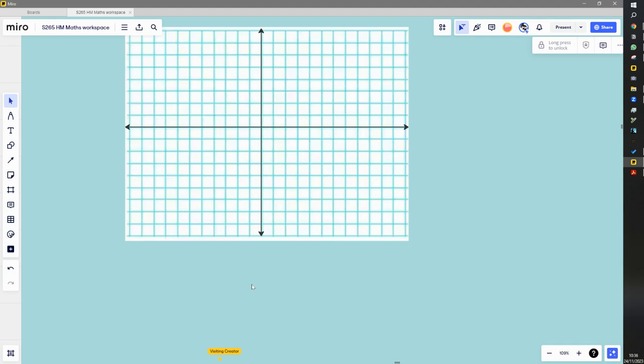Now the x-axis is in the middle of the paper, and the y-axis is also in the middle of the paper, and that's because 0 is actually here as opposed to down here. And so if that's 0, then depending on what scale we want to use, we're going to say that's 1, and that's 2, and that's 3, 4.